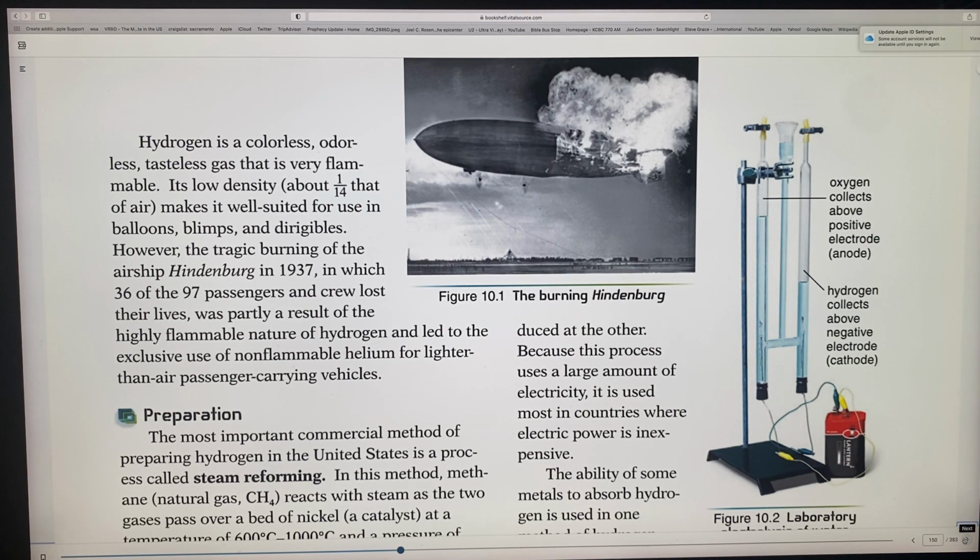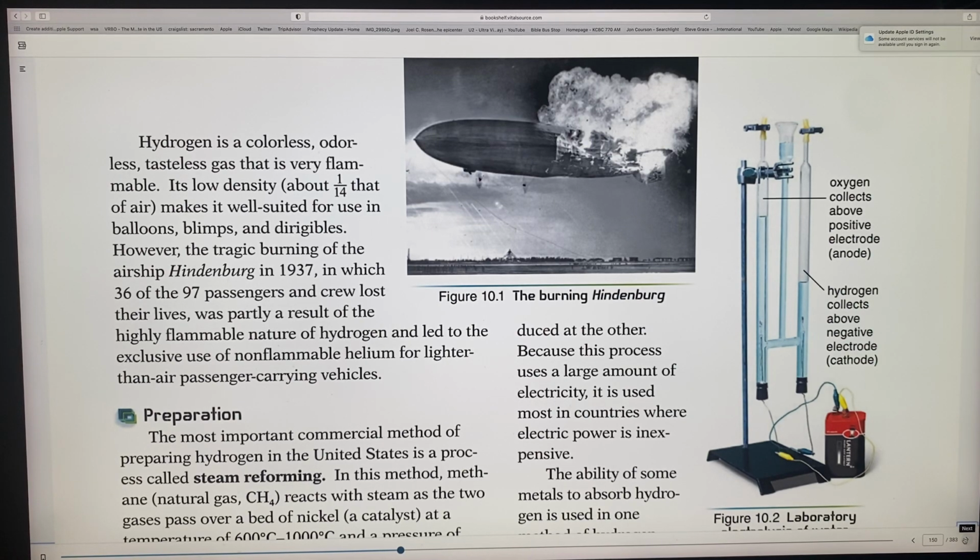And it has very weak molecular force. It's called the London force, and we talked about that before. So when you see hydrogen in its natural state, it's going to be very light and a gas. It's at low temperatures that you see the melting and boiling points. It's colorless and odorless. It's tasteless. It's very flammable, so it can ignite very quickly.